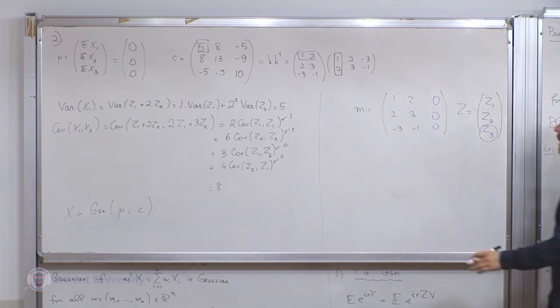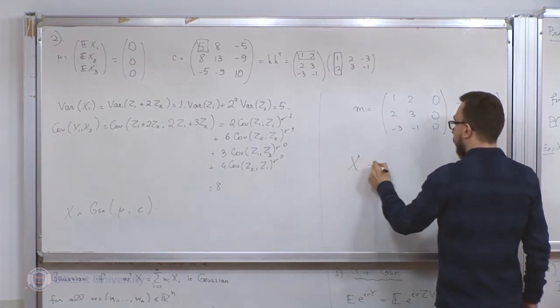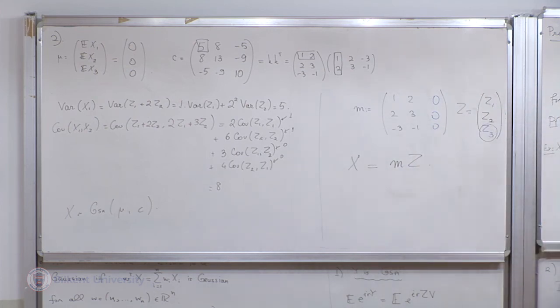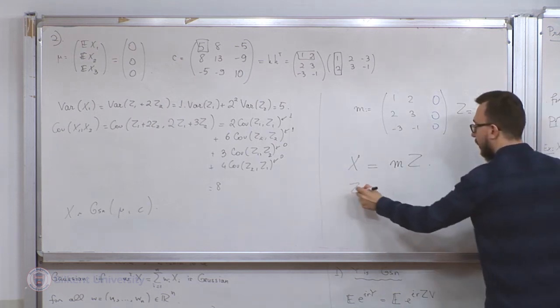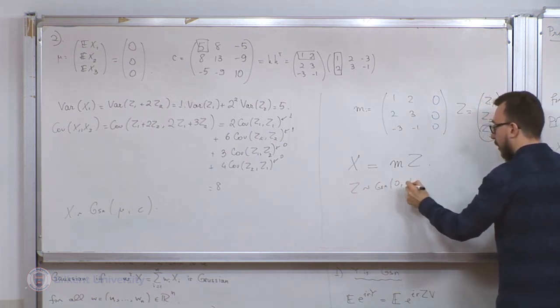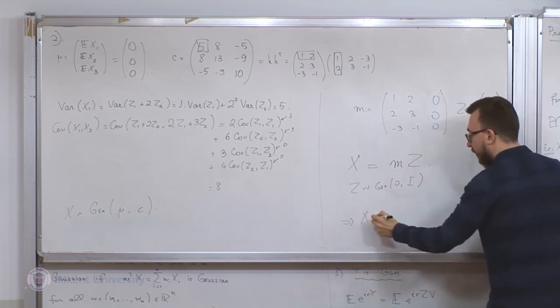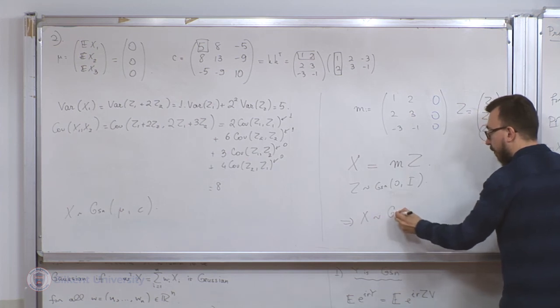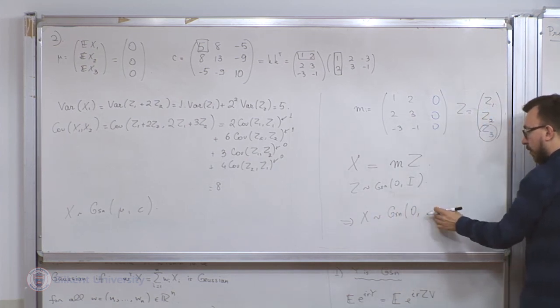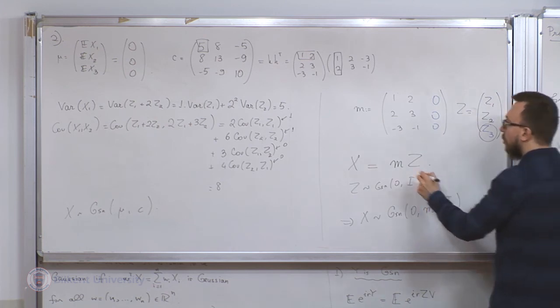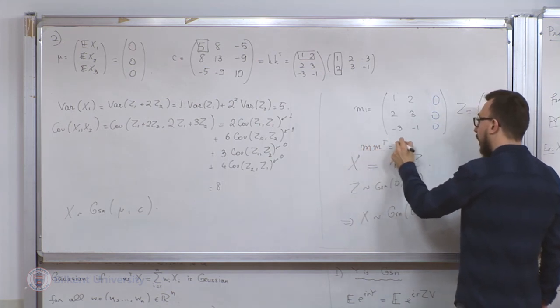And you can write X as M times Z, where Z is a 3 by 3 standard Gaussian. So then X becomes Gaussian with mean 0 and covariance M M transpose.